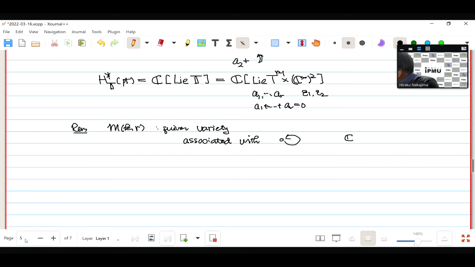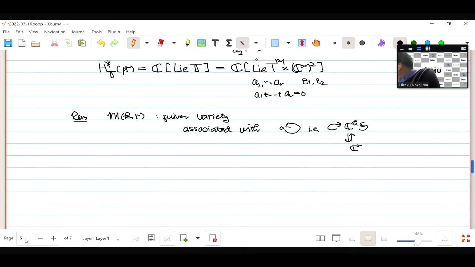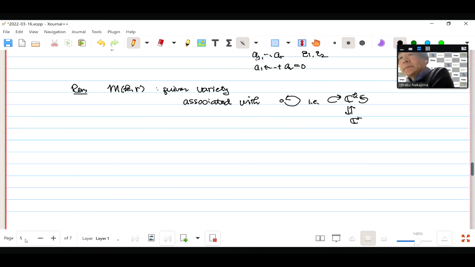So this is C^k and C^r, and I consider linear maps like this. Any other question? Thank you.